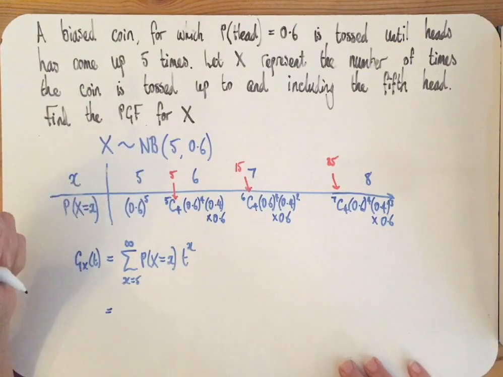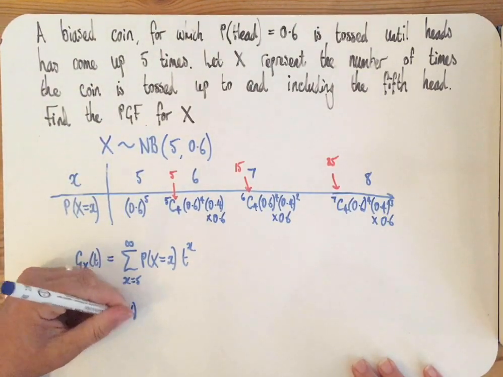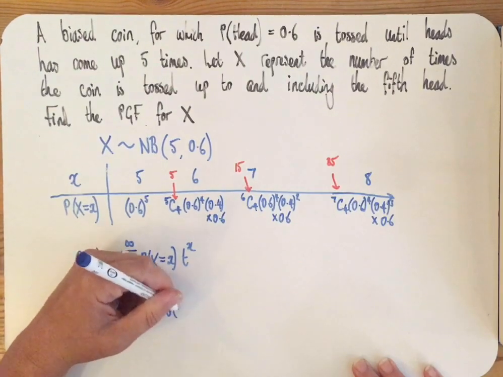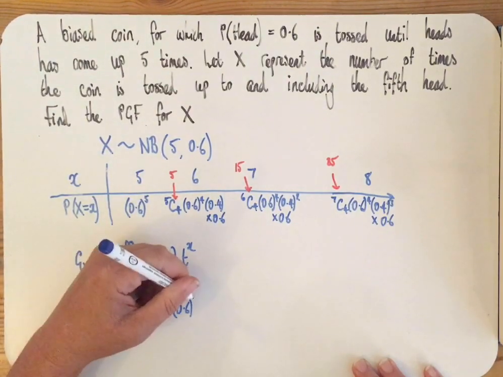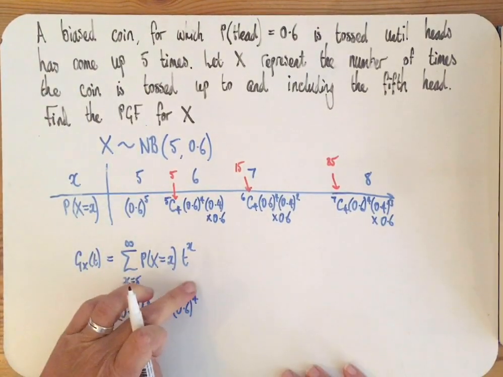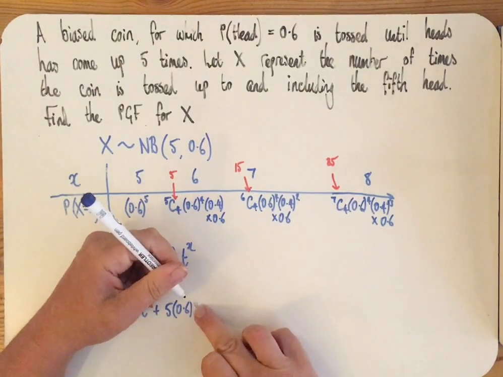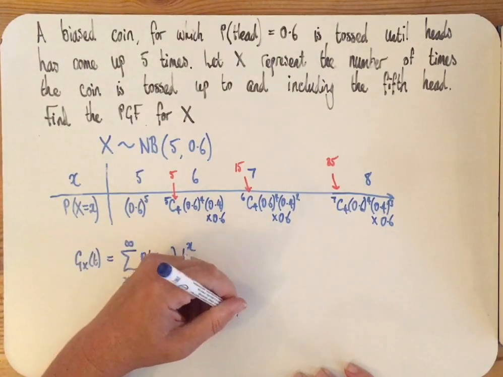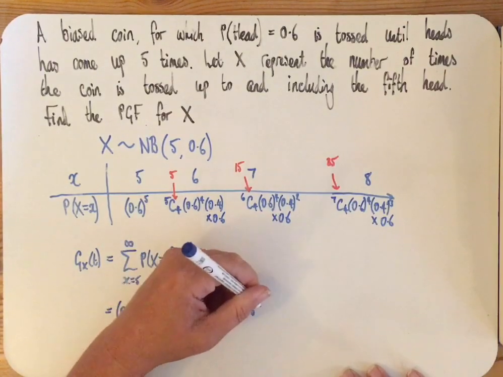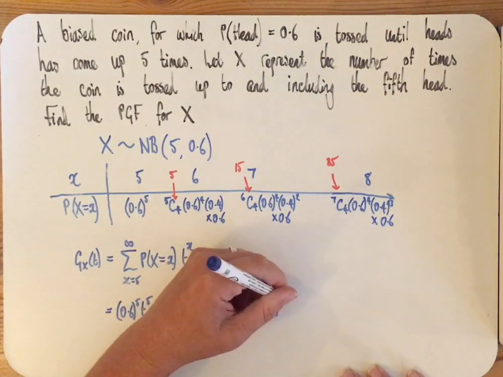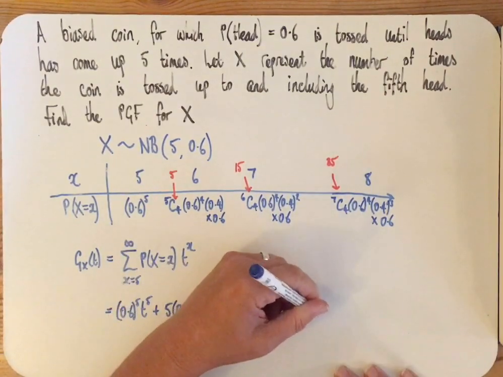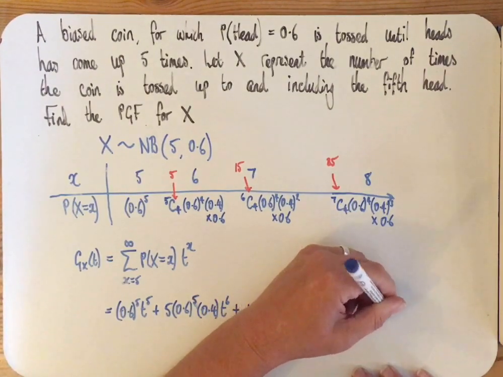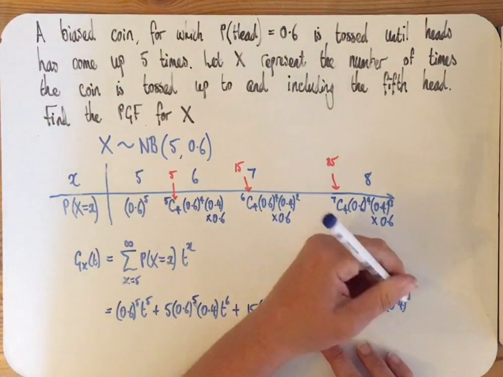So plugging into here, I've got 0.6 to the 5, t to the power 5 plus 5, 0.6 to the power 5, 0.4, t to the power 6 plus 15, 0.6 to the power 5, 0.4 squared t to the power 5 plus 35, 0.6 to the 5, 0.4 cubed, and then we're on t to the power 6.